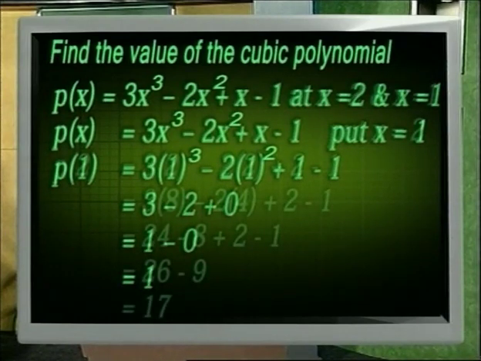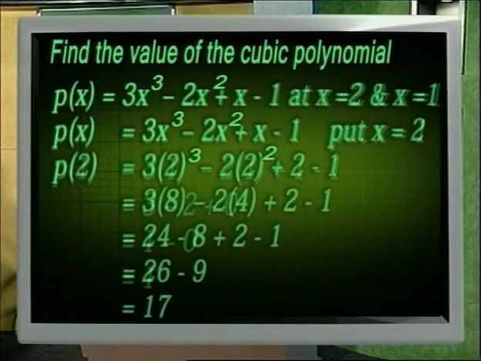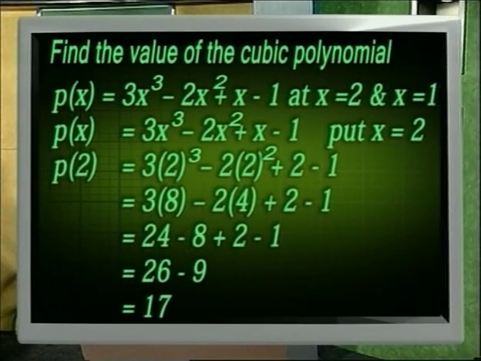Now we put x as 2. So the polynomial 3x cube minus 2x square plus x minus 1, we are putting x as 2.